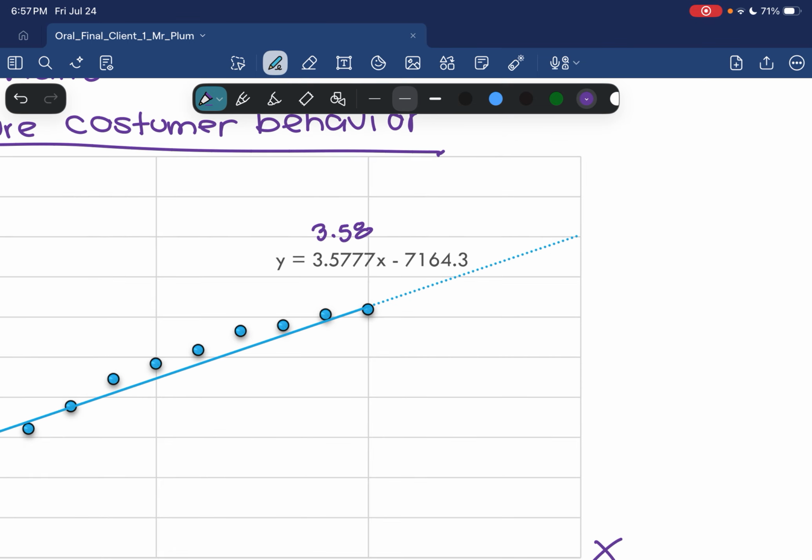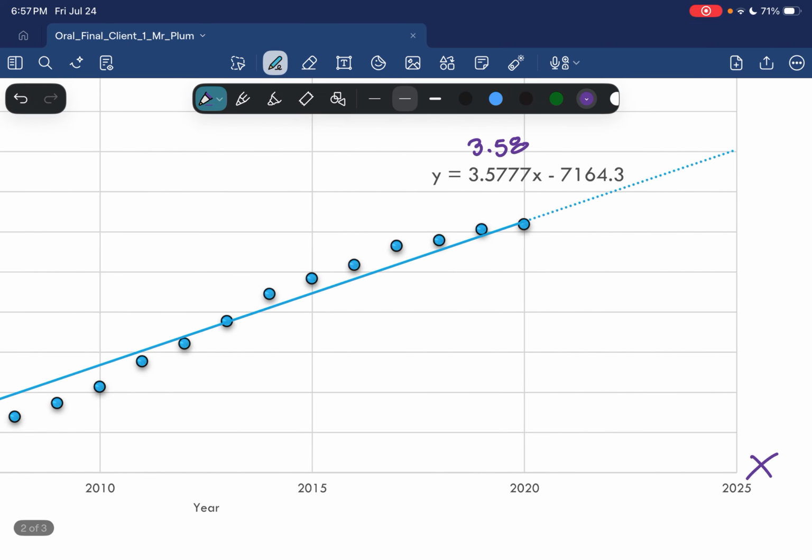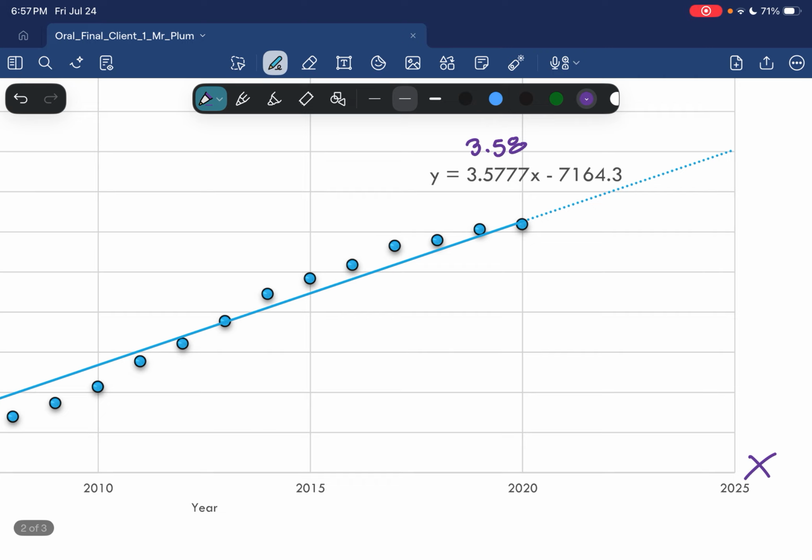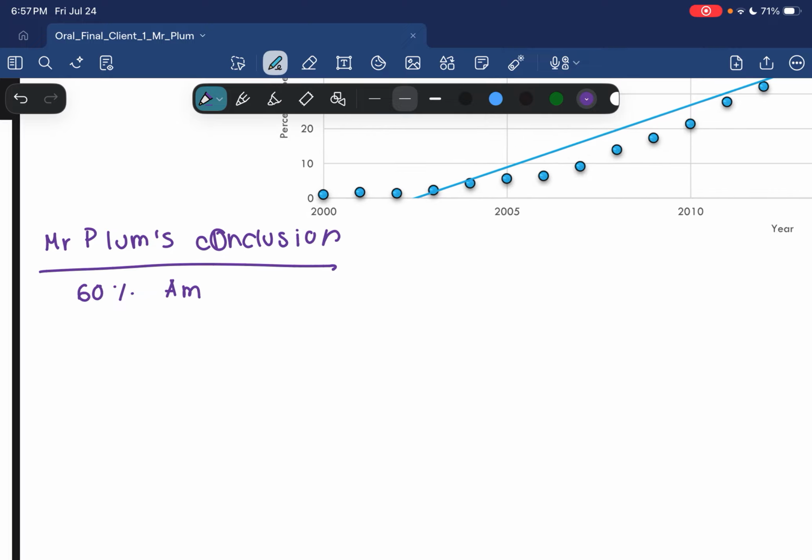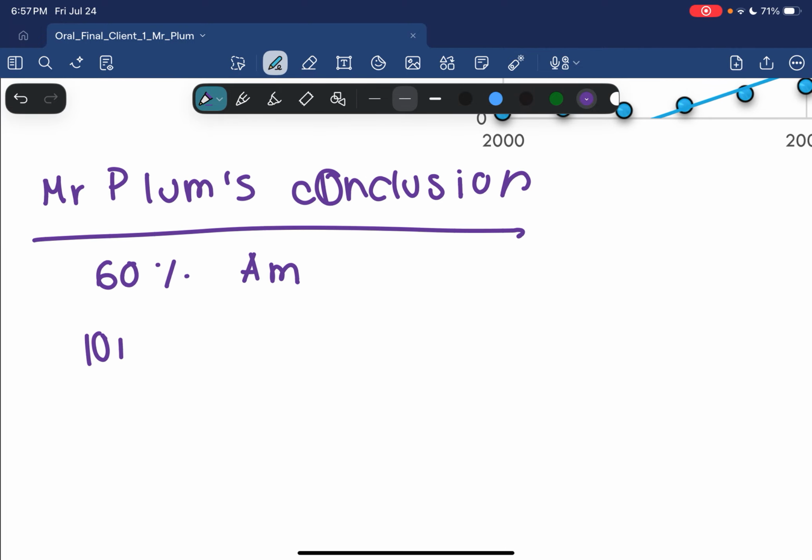Since about 120 million Americans still don't have the product, he concludes that the company will continue gaining around 10 million new customers every year.